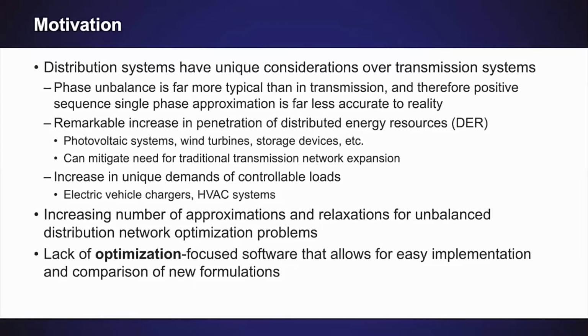Furthermore, like has happened in the transmission power flow formulation space, there are also an increasing number of approximations and relaxations for unbalanced distribution network optimization problems, and a distinct lack of optimization-focused software that allows for easy comparisons of these different formulations.